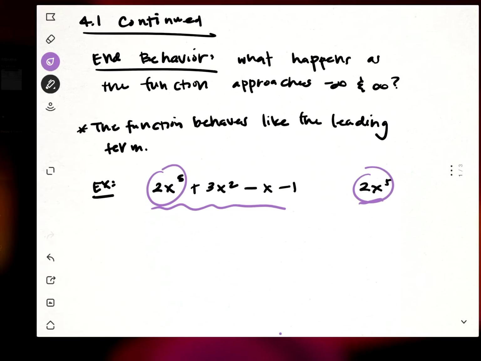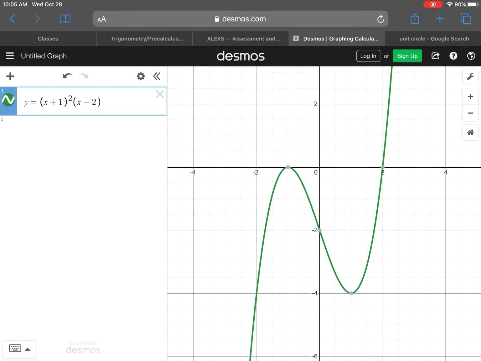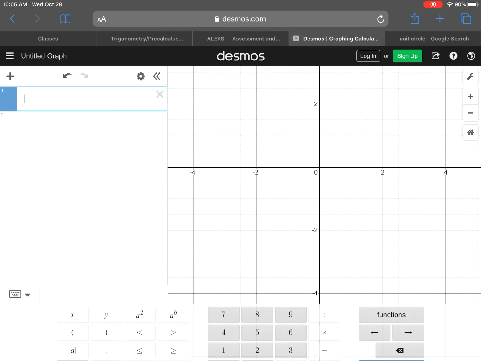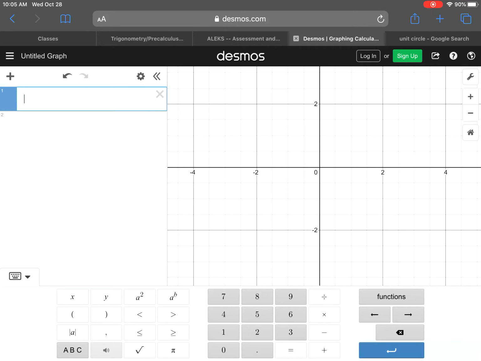Okay, so let's look at Desmos again. Desmos is super handy. It's good to have open as you're doing your work, because it graphs instantly, and you can point at points on there and it'll tell you exactly where the intercepts, mins, and maxes are. It's right on top of your graph.